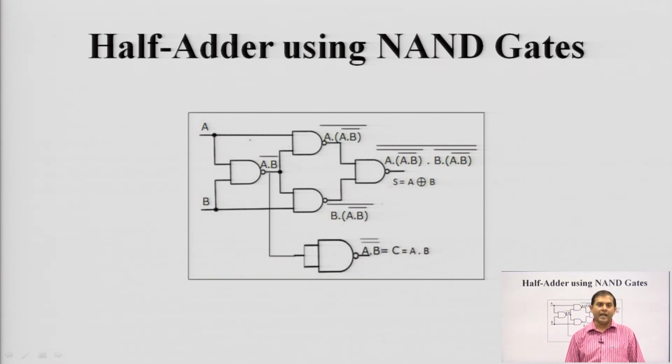Next, sometimes you can be asked to design a half adder circuit or full adder circuit using universal gates like NAND and NOR. If we are going to implement a half adder circuit using NAND gates, what is the formula for a half adder?